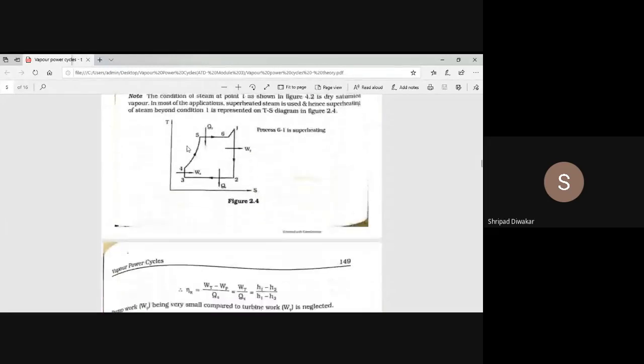This is called the ideal Rankine cycle. Whatever I am showing on the board is the ideal Rankine cycle. 1 to 2 is the ideal expansion in the turbine. 2 to 3 is the heat rejection in the condenser. 3 to 4 is pump work, that is the increase in temperature and pressure, and 4 to 5 is regeneration work.